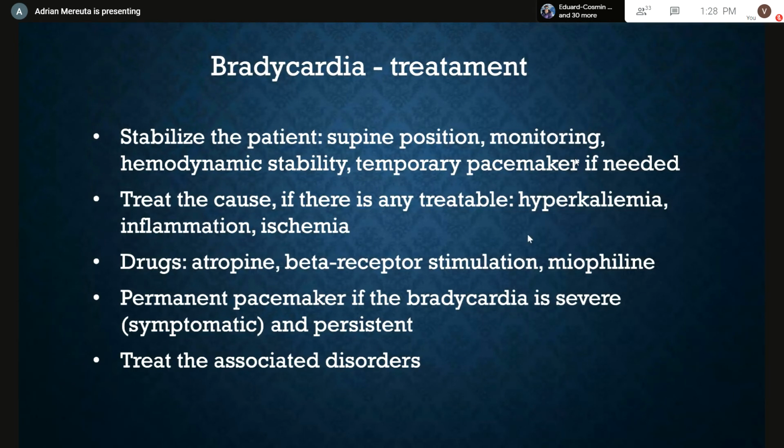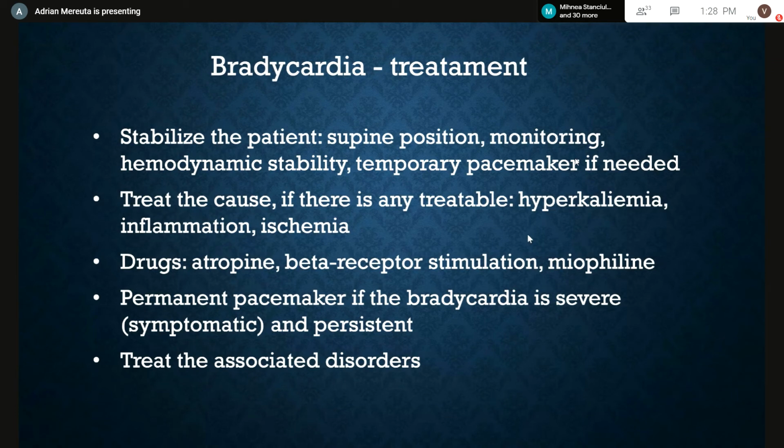And if the heart rate remains low and the patient is symptomatic, consider a temporary pacemaker. After that, maybe there is some cause which is obvious and treatable, like hyperkalemia, inflammation, or ischemia. If you treat this, usually the bradycardia is already gone.